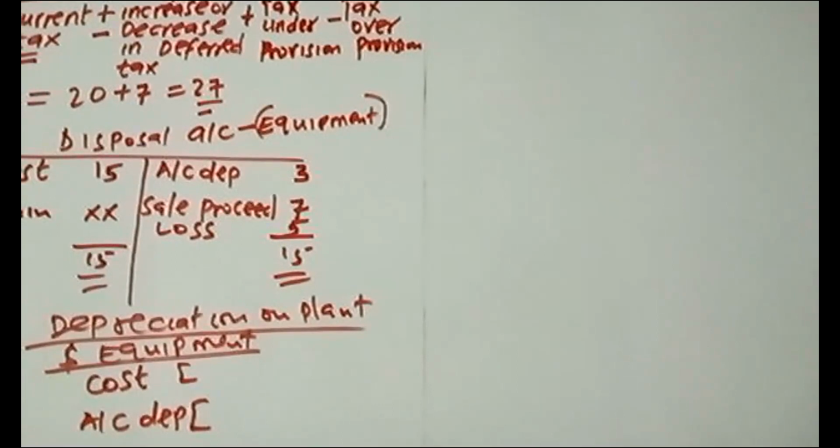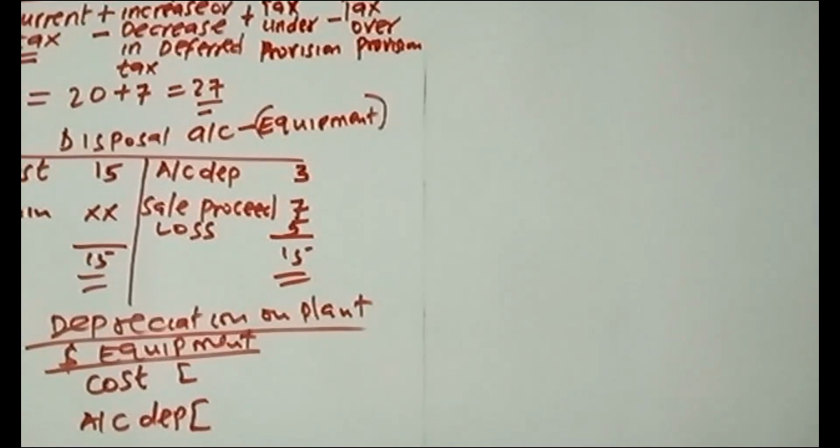Because with the reducing balance method, you take cost minus accumulated depreciation of that asset, and multiply with the depreciation rate for the year. After getting that relevant figure, you multiply with the depreciation rate provided to get the depreciation for the year.